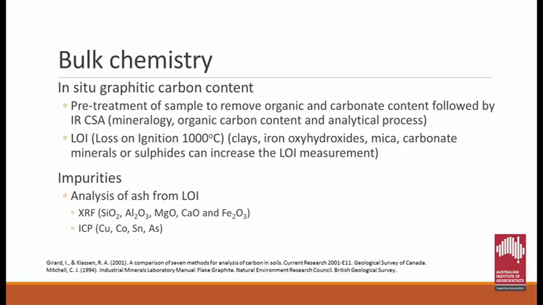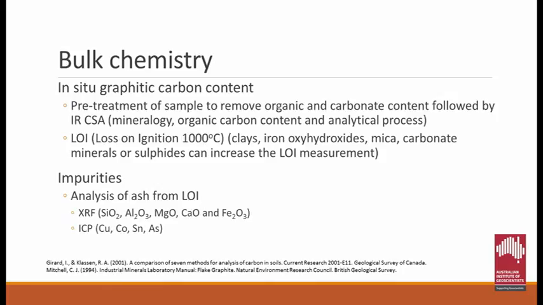Another method is loss on ignition. It's relatively simple, used very frequently for a big set of samples. It's a useful screening tool where the graphitic content is measured as a weight difference after loss on ignition at 1000 degrees. And here as well, mineralogy can make a difference.